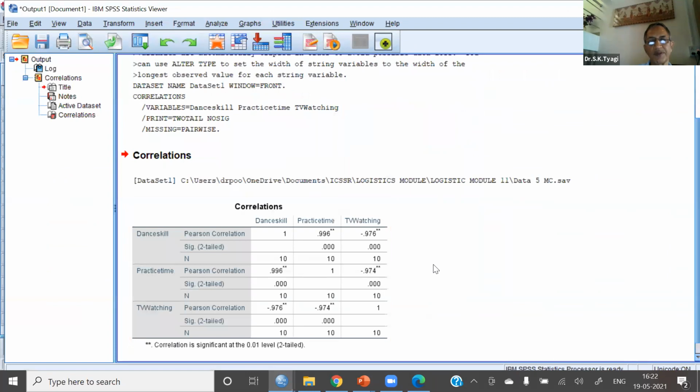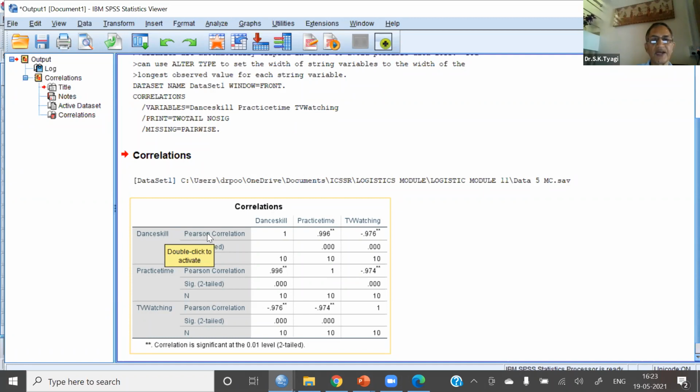You will get this table. This is the correlation matrix. The correlation coefficient between dance skill and dance skill is 1, obviously. Between dance skill and practice time it is positive and very high, 0.996, almost 1.